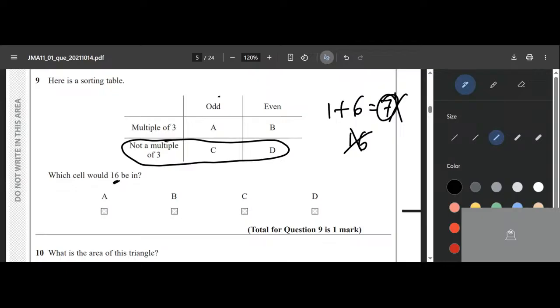Is 16 an odd number or an even number? We have defined this one on top there, where we were looking at question 2, where we are looking on odd numbers and even numbers, square numbers and even.